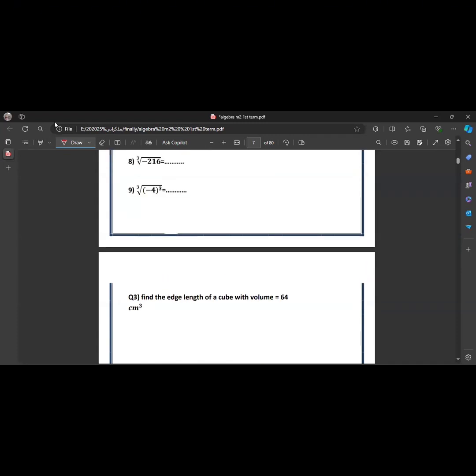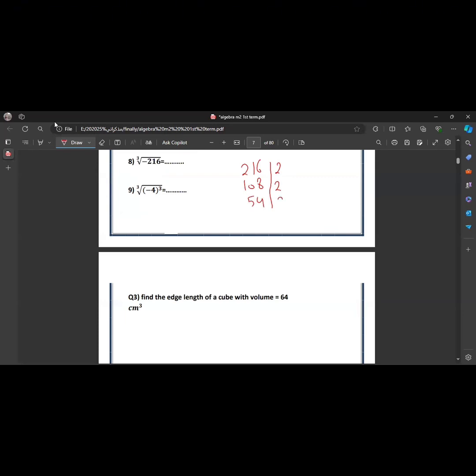The cubic root of negative 216. We can factorize 216. Divided by 2, can be or can't be? Very good, 108. Factorizes again by 2, 54.